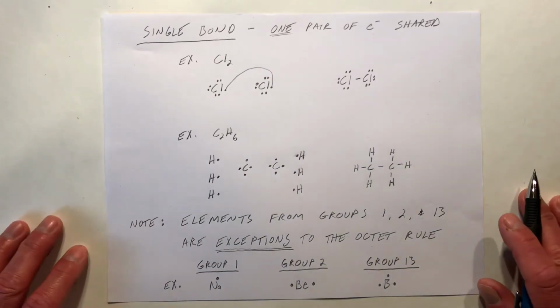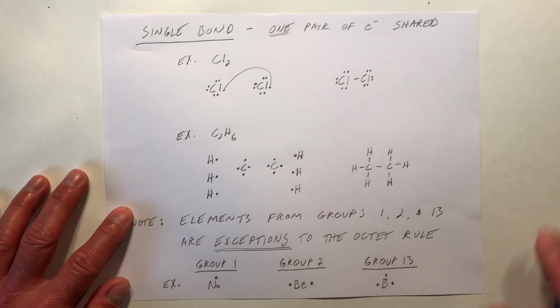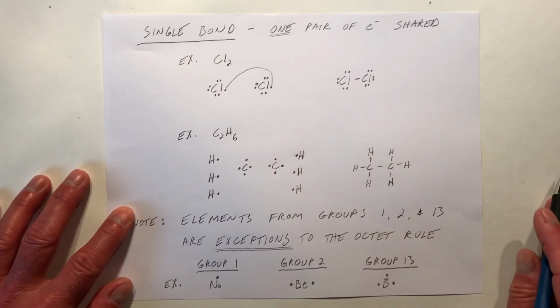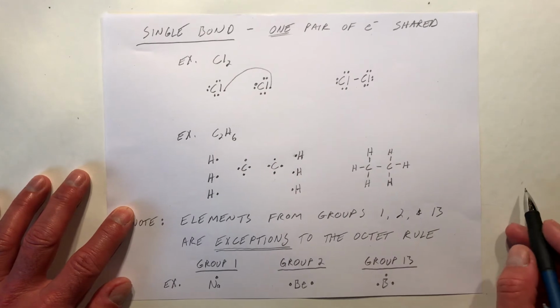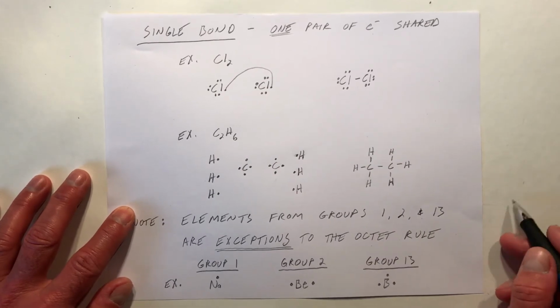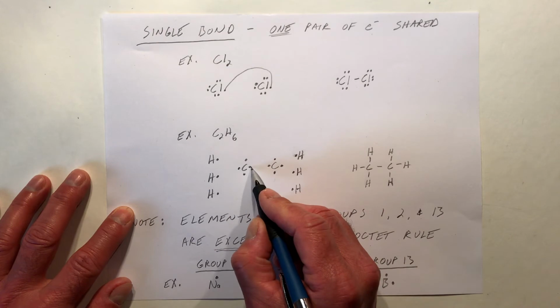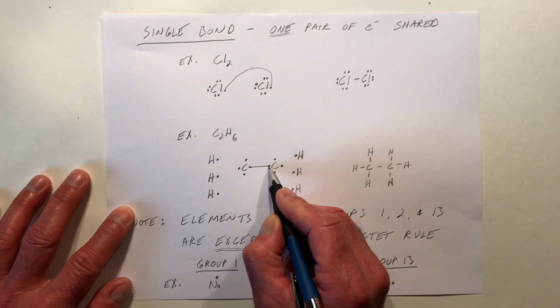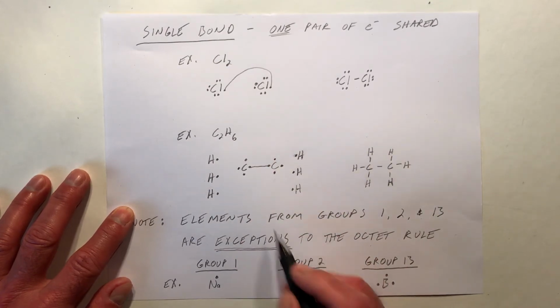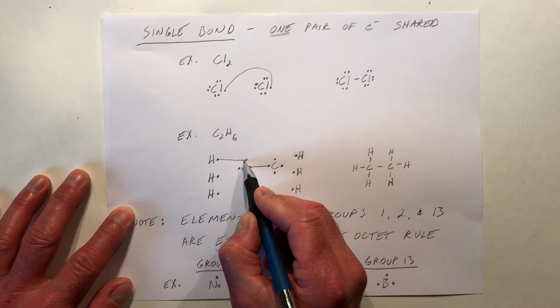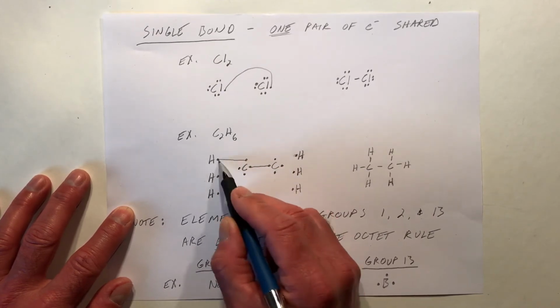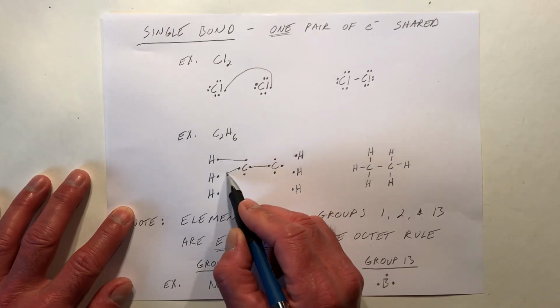Here's another example of a single bond, a little bit more of a complex molecule, C2H6. That's an organic compound. It's a carbon-based compound. That's called ethane. So what we're going to do is connect the single dots. I always like to start at the center, connect the single dots between the two atoms at the center, and then start connecting single atoms on the outside with single dots connecting to the inside.